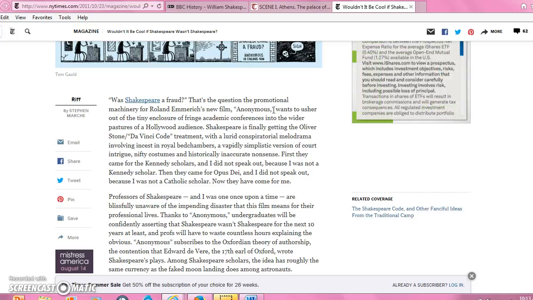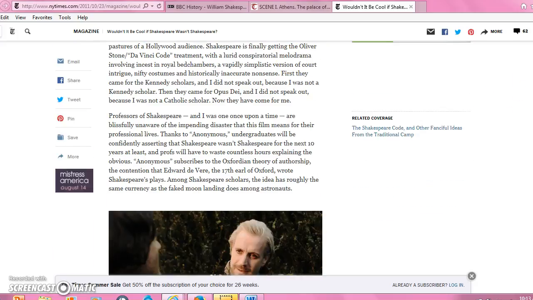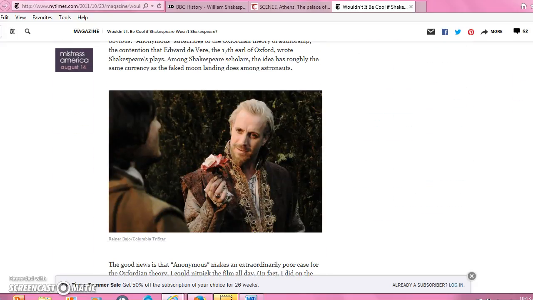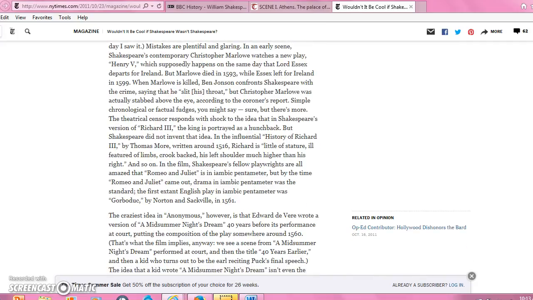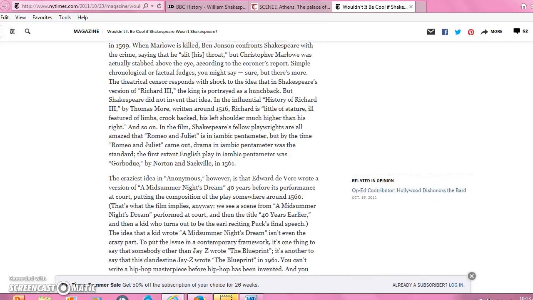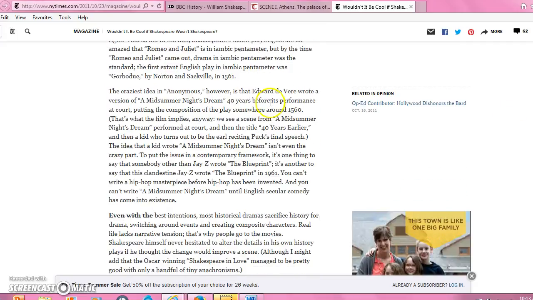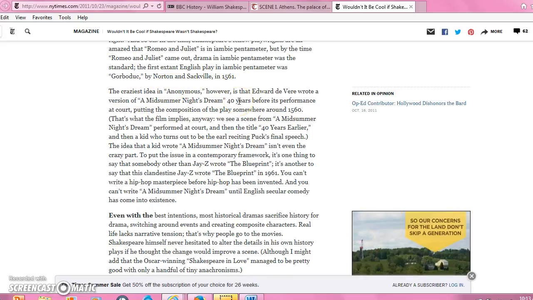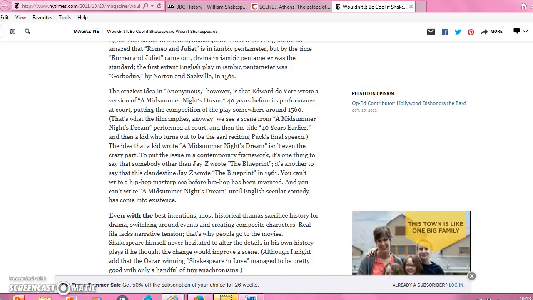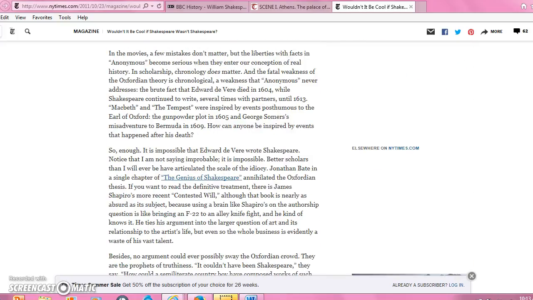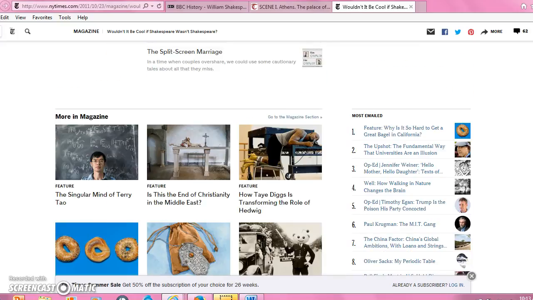But Stephen actually talks about particular plays, and you need to go down. There's some pictures here too. He talks about particular plays, here you can see where we mentioned A Midsummer Night's Dream, and how those plays really are from Shakespeare, talking about writing a blueprint and those types of things. And then at the end, you can see his big overall conclusion here.